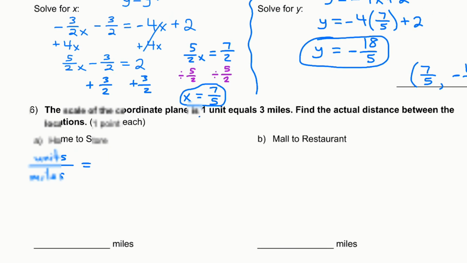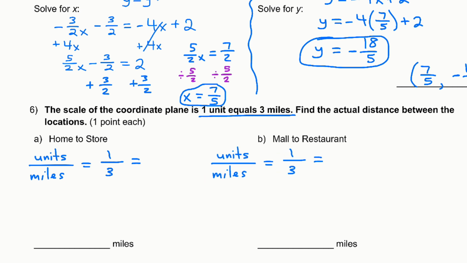It says 1 unit equals 3 miles. So I've got 1 unit equal to 3 miles. Because the ratio is still the same, I'm just going to copy and paste that over here. You guys can't because you're on pencils, sorry. But it's the same thing, and I just wanted to emphasize that.